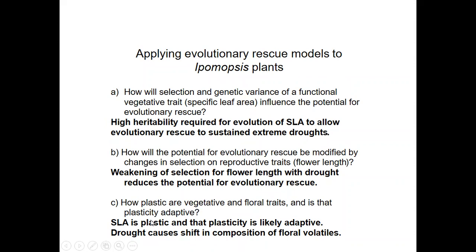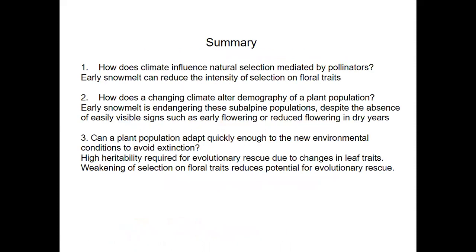Some traits, I didn't show you the data for specific leaf area, but it is highly plastic, and that plasticity is likely adaptive, so that would help with evolutionary rescue. And we know that floral volatiles are plastic in response to drought. So we're still in the process of putting together all the information to parameterize the evolutionary rescue models and see how likely it is to occur in this situation.